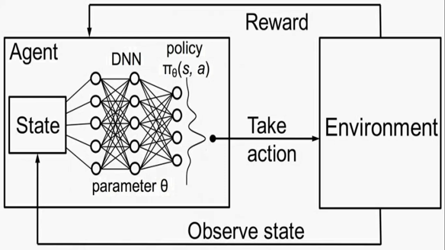Deep reinforcement learning. We have an agent, a DNN policy. Okay. The state S, action A, state parameter Q, take action, observe state, environment, rewards.